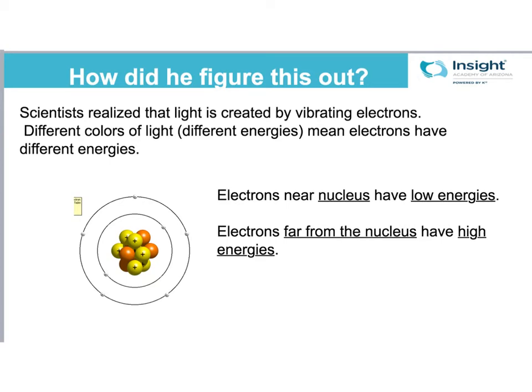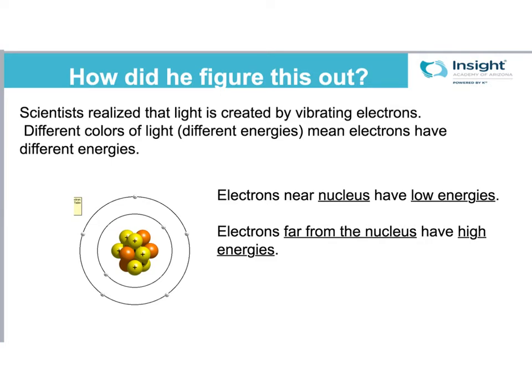So he found a way to measure the energy of the electrons based on the fact that when you vibrate electrons, you can get them to give off light. What he discovered was that electrons near the nucleus have low energies, and electrons far from the nucleus have high energies.